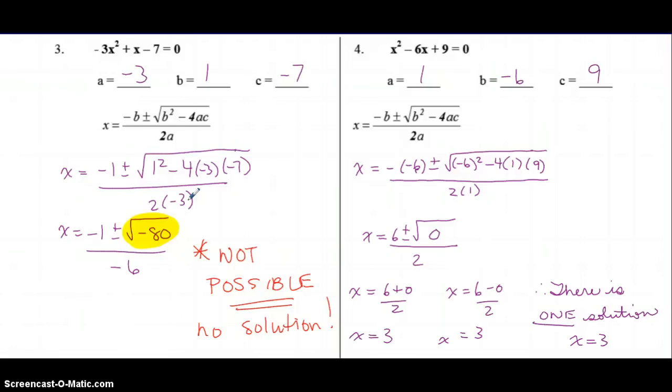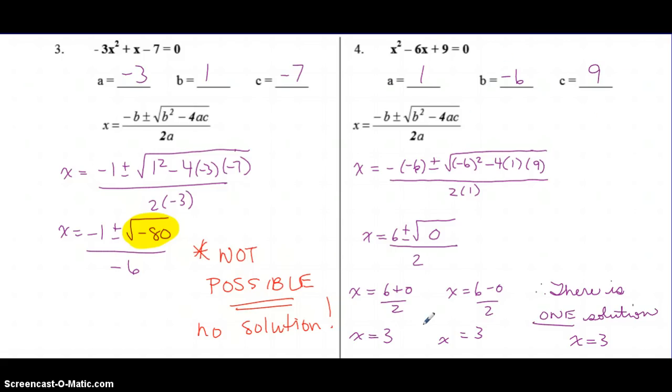So, for example, negative 2 times negative 2, the same number, when we multiply, we always get a positive. If you multiply positives together, you get positive. You multiply negatives together, you get positive. The only way to result with a negative is if one's positive, one's negative, and then they can't be identical. So if you get that negative under the square root, that means it's not possible and there is no solution to this quadratic.